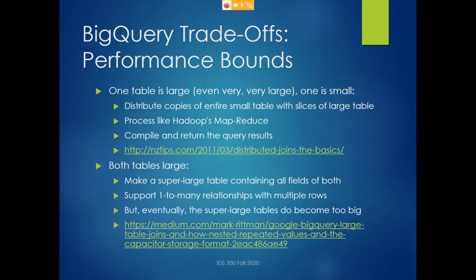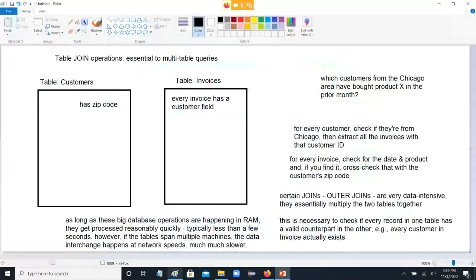Okay, so there are simple ways that works, for example, one possibility, right? Suppose you are joining two tables. One is very large, say 50 million rows. The other is pretty small, say 10,000 rows.